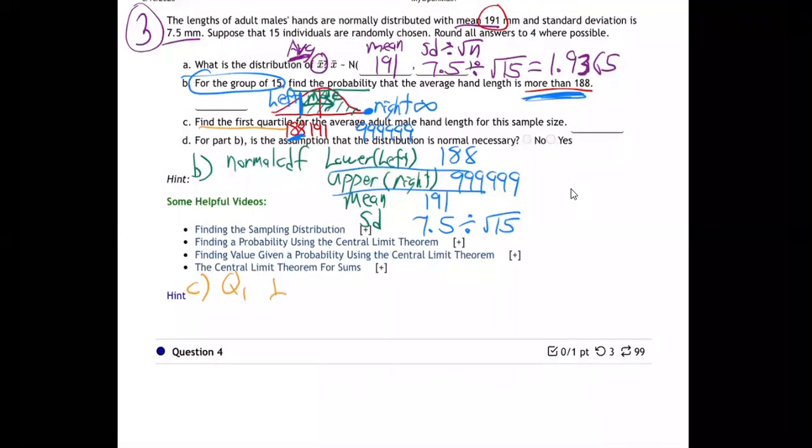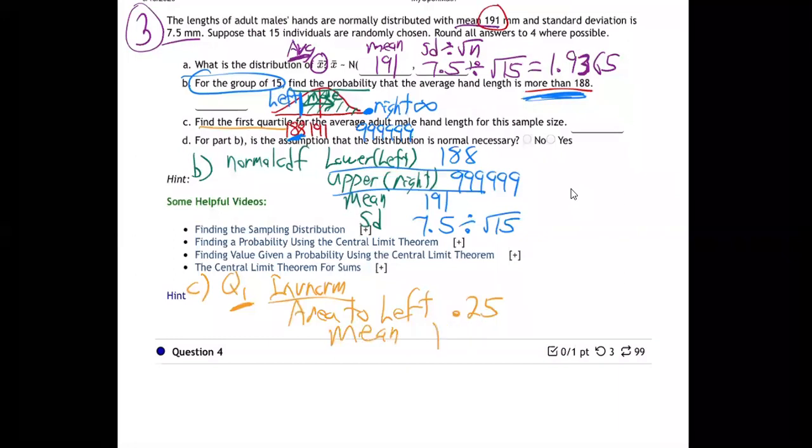We've got to go to inverse norm, and they're going to ask us area to the left. For Q1, we know that's 0.25, right? Because if you're at the end of the first quarter, that means you're 25% of the way along. And they want mean. The mean is still 191.